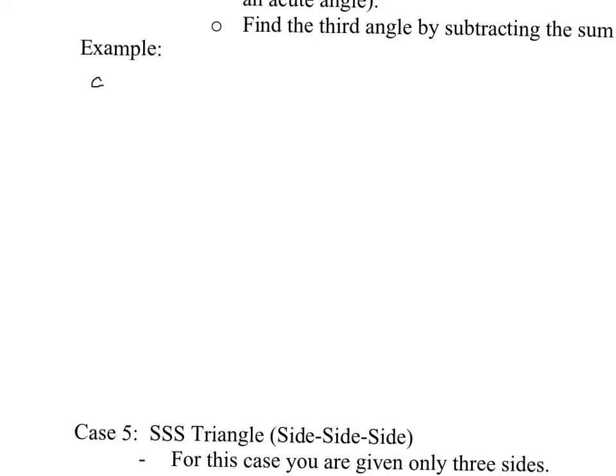So c squared, so this should cue in your mind that at the very end you're going to take a square root, is going to equal a squared, which is 29 squared, plus b squared, and that length was 13 squared, minus 2 times a times b times the cosine of C, which is 41. Okay?